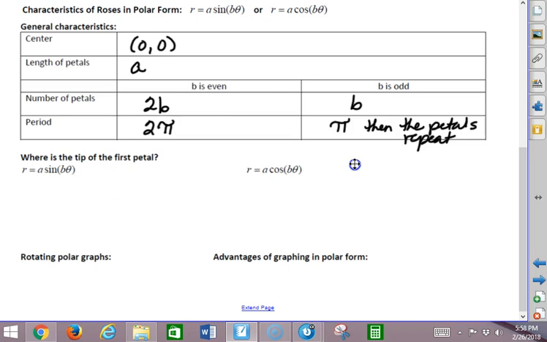Then a couple other things to remember is if a is less than 0, then the petals flip to the opposite quadrant.